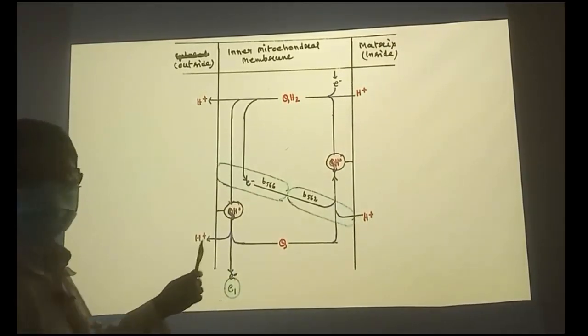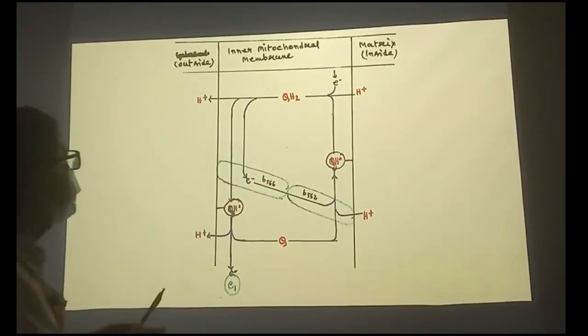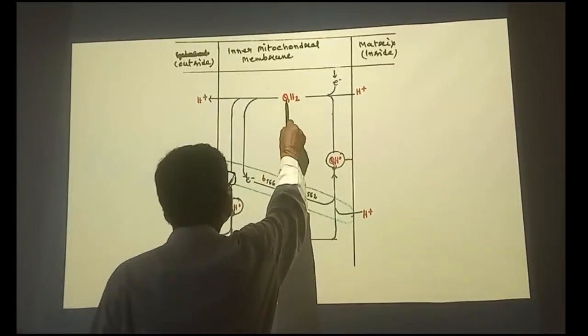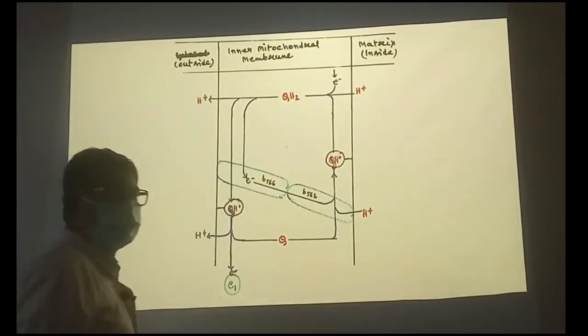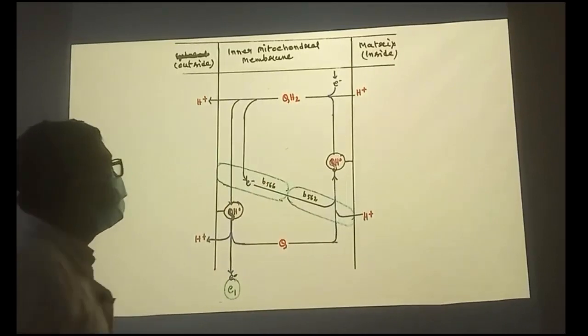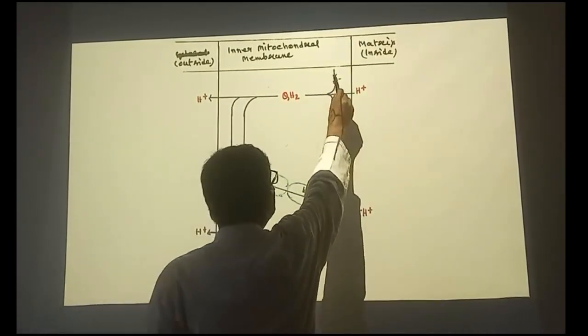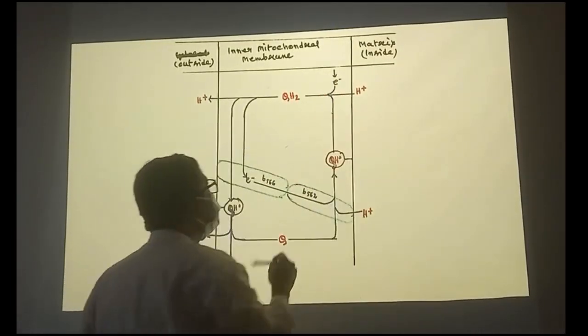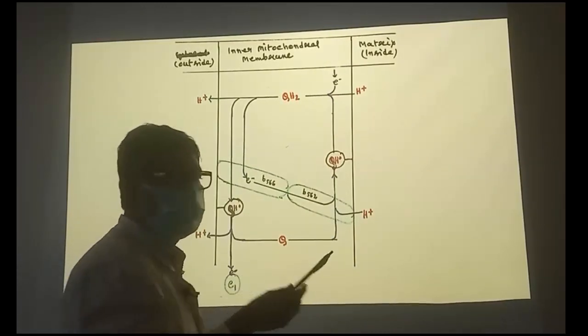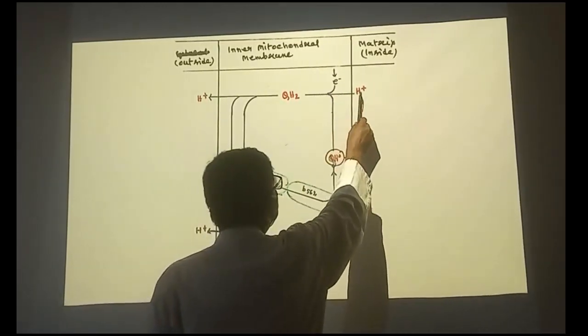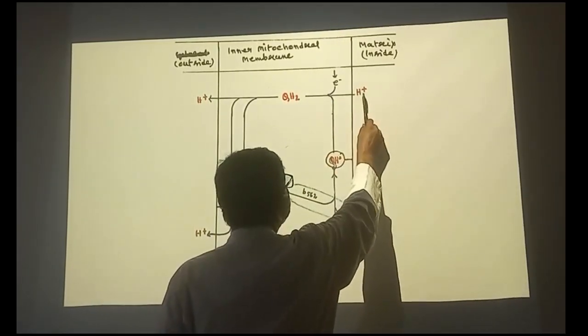So this is the Q cycle. You can see here it is fully reduced. What happens is that an electron has come from complex 1 or complex 2, and one proton is taken from the matrix.